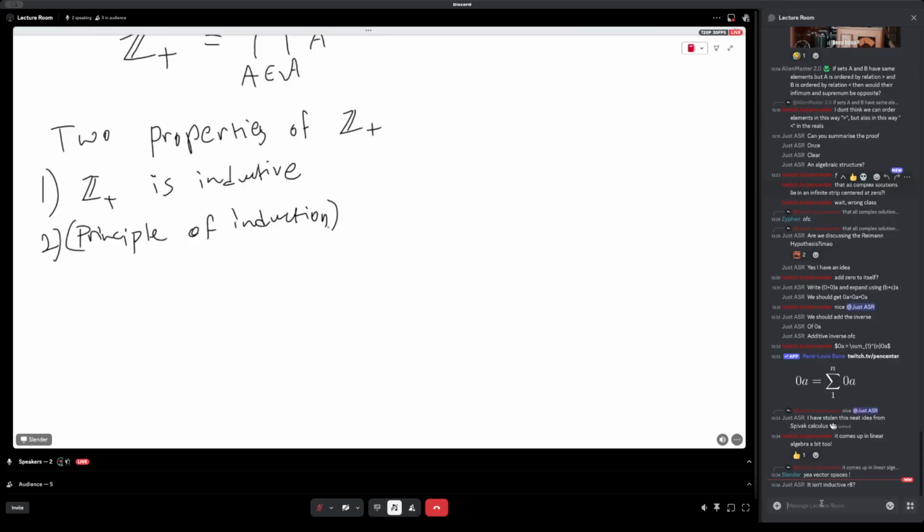This states that if A is an inductive subset of Z plus, then A is equal to Z plus.